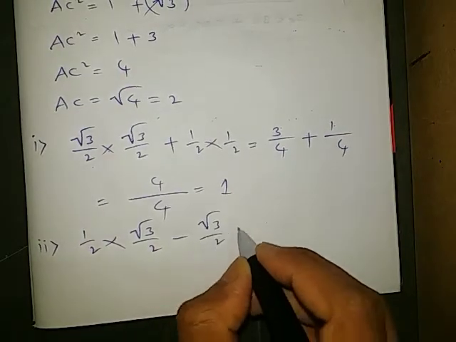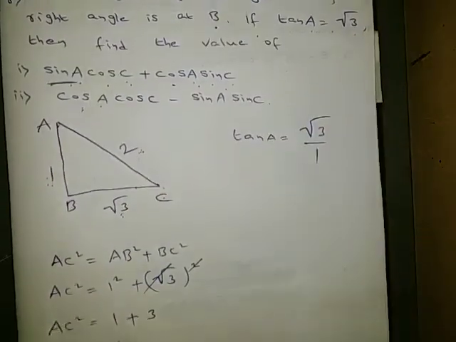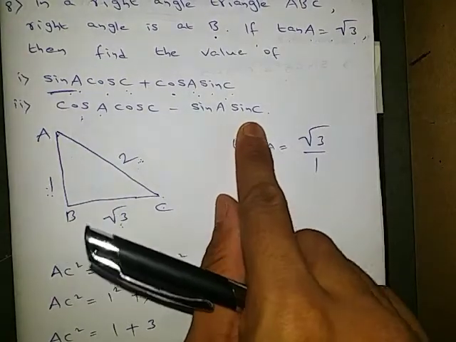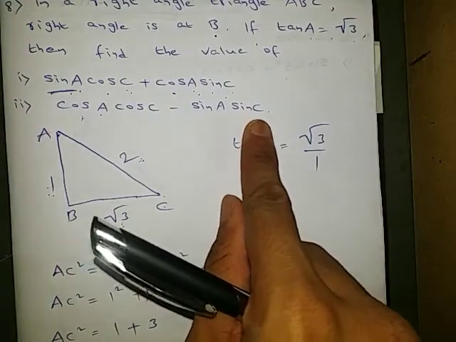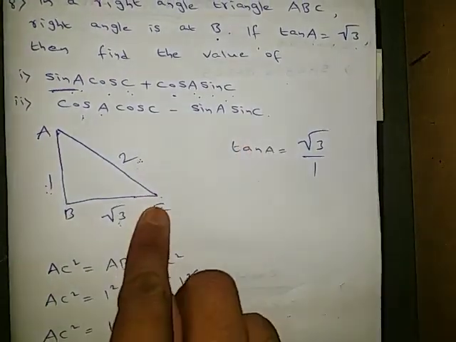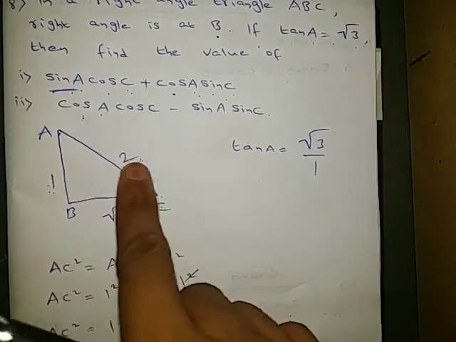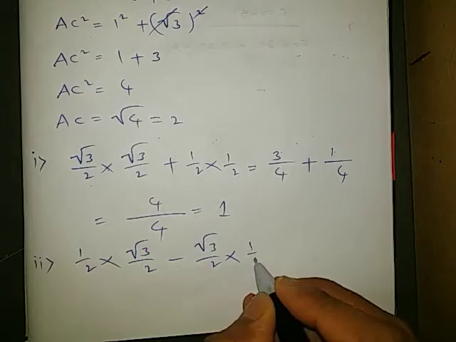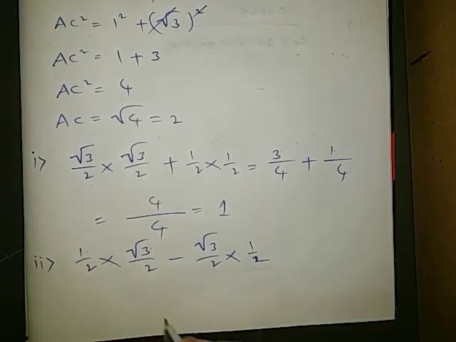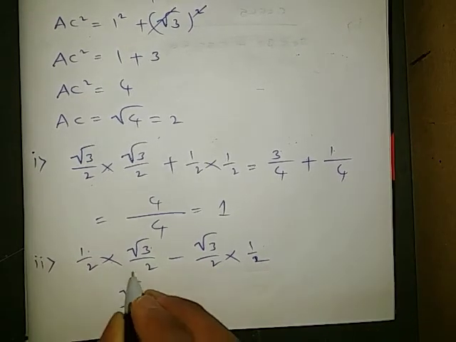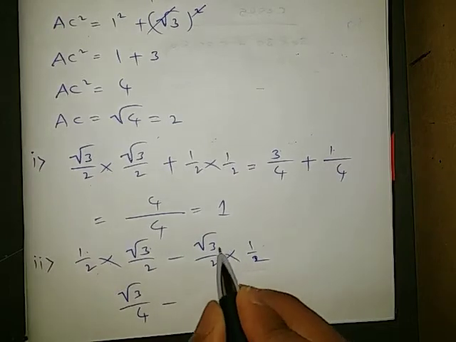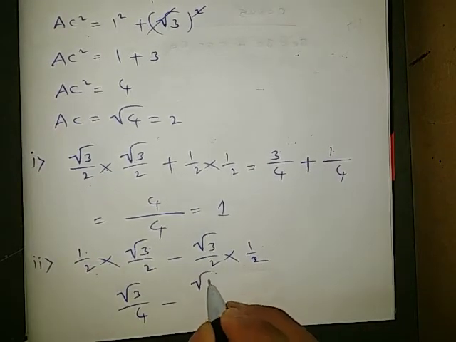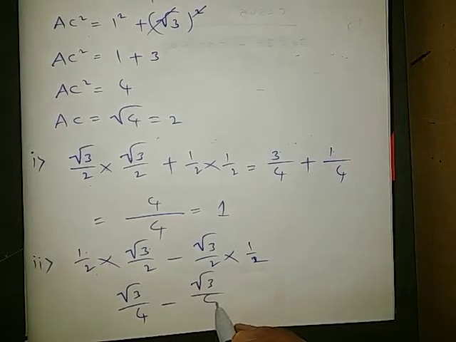Root 3 by 2 into next sin C. Sin is opposite by hypotenuse. Here it is speaking about C. So for C, opposite 1, hypotenuse 2. So we will get 1 by 2. 1 into root 3, root 3 by 2 into 2, 4, minus root 3 into 1, root 3 divided by 2 into 2, 4.